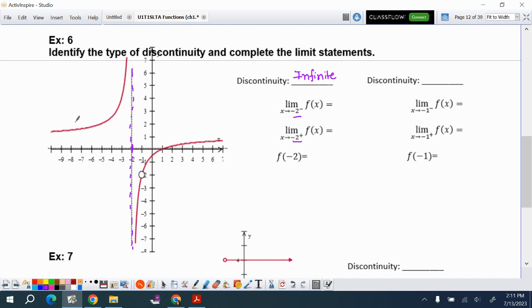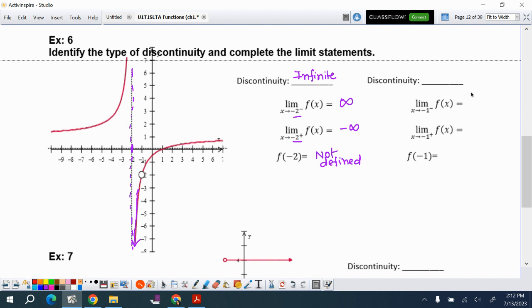I'm going closer and closer to negative 2, and you have to go very close to negative 2 is negative infinity. F of negative 2 is not defined, and this is infinite discontinuity.